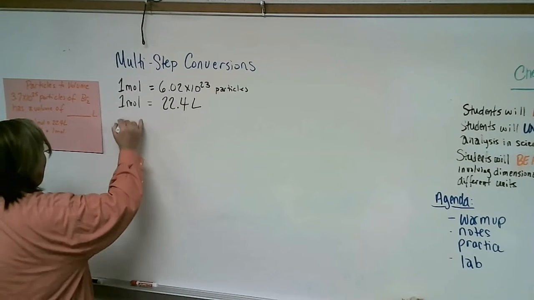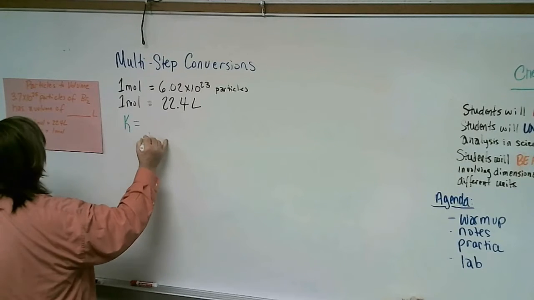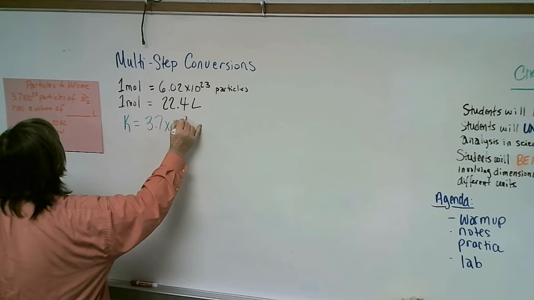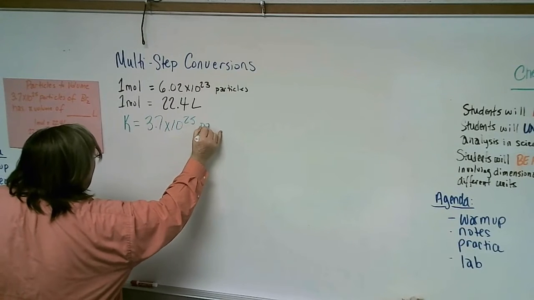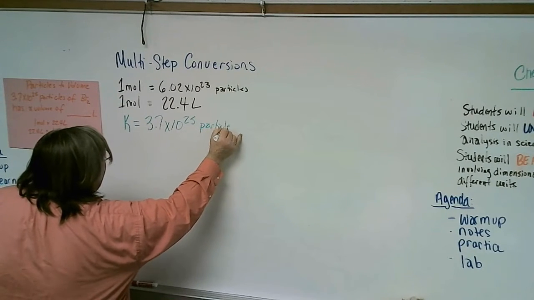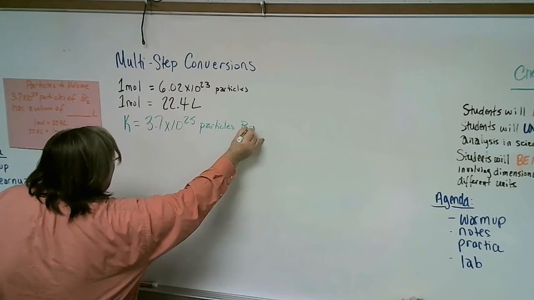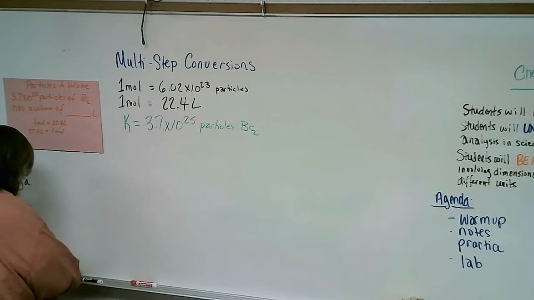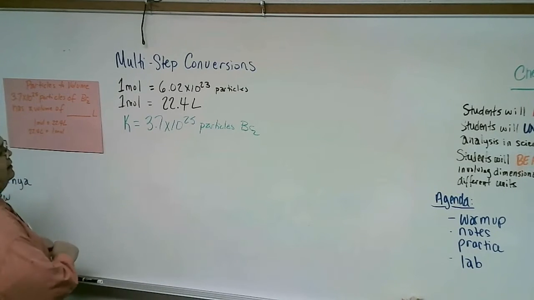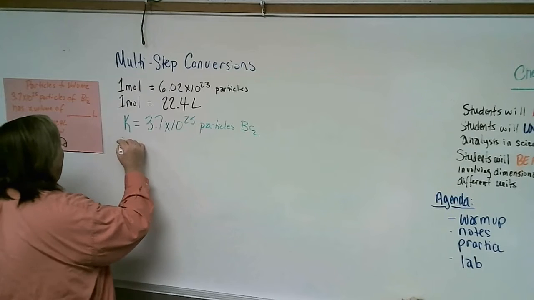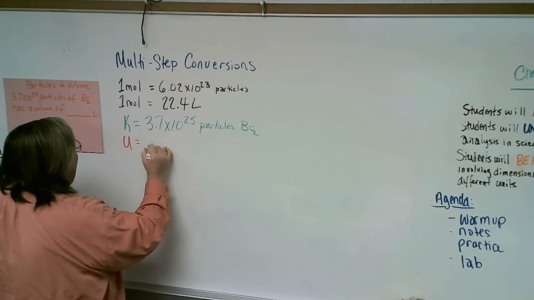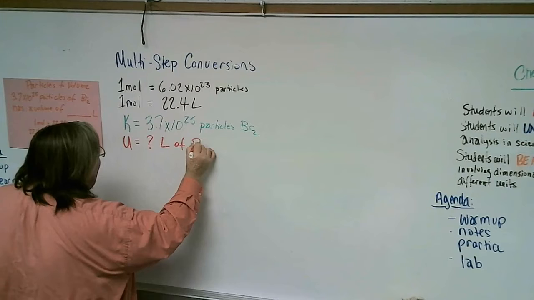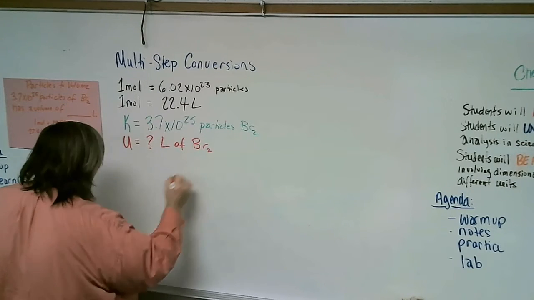Our first step is to write down our known: 3.7 times 10 to the 25th particles of bromine. And we are looking for liters of bromine.